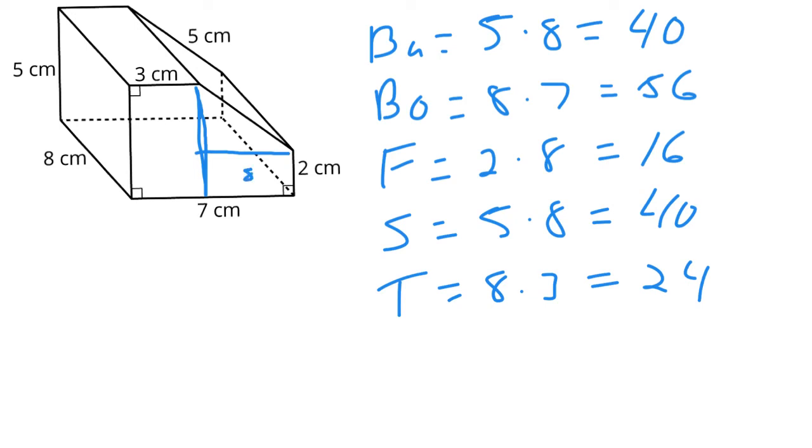This section here is going to be 3 by 5. 3 by 5 right here. So that's going to be 15. And then the triangle, we know this is 4 from when we solved this one. Again, we got 4 because it's 7 across, 3 across up to here. That means there's 4 more here.